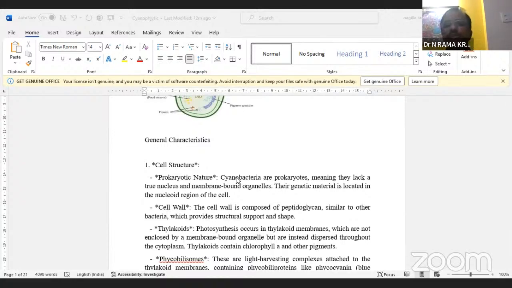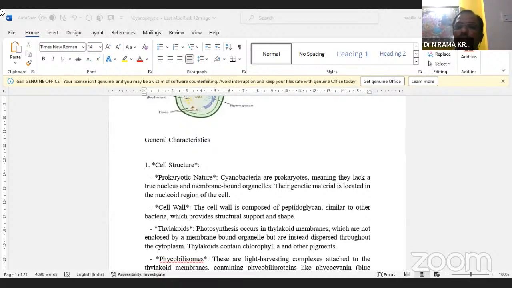The cell structure of cyanophytic algae is prokaryotic.